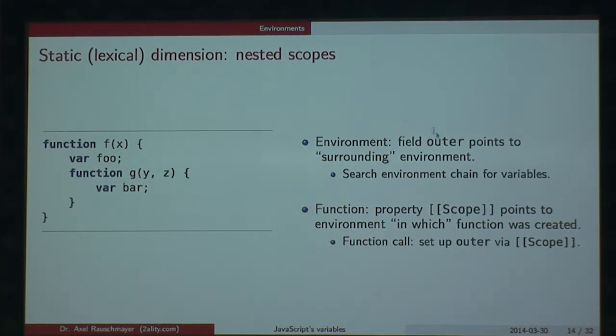And the field outer is initialized via a property scope in the function, because each function records where it was created.